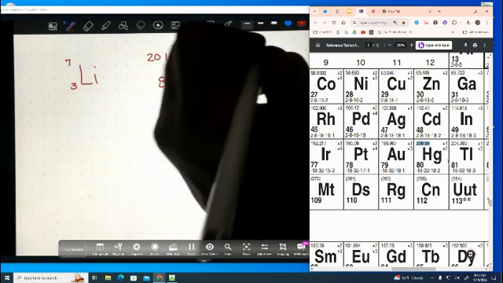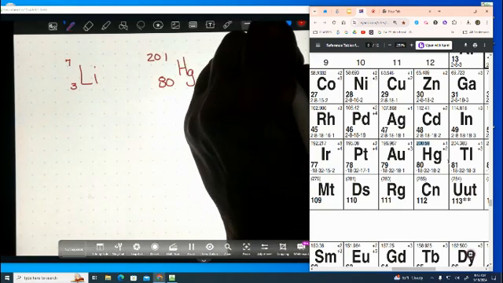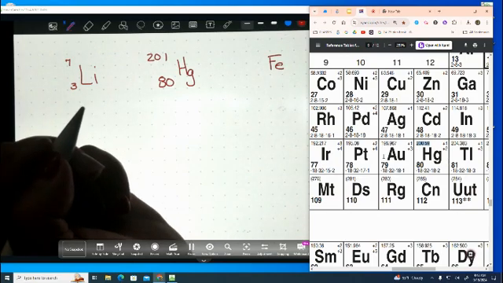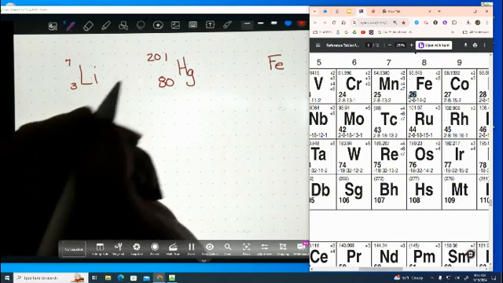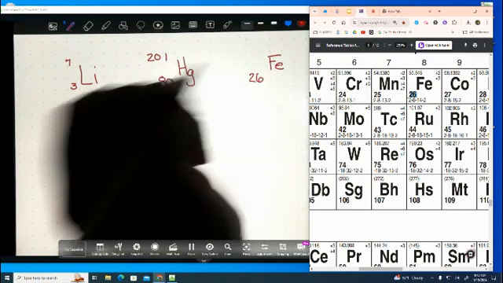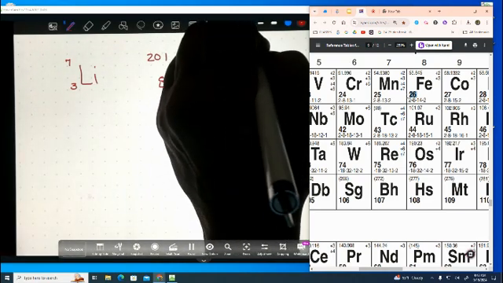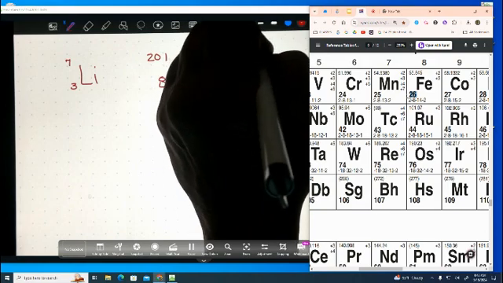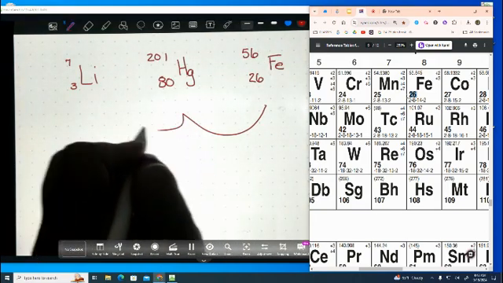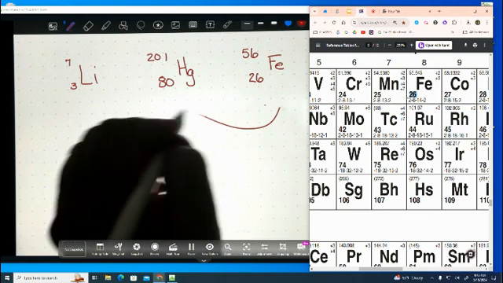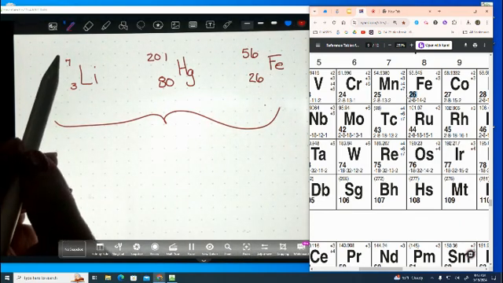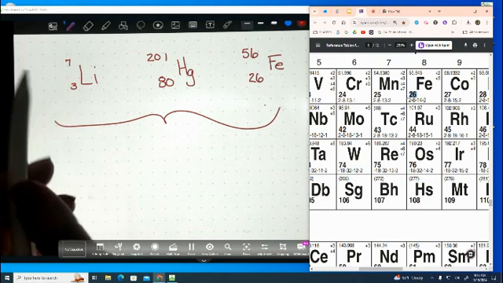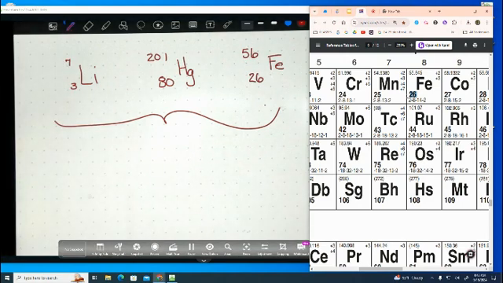Iron? All right, iron, symbol Fe. We take a trip over to iron. It gets 26 protons. And we'll give it a mass number of 56. This is called atomic notation. So you have your mass up here, atomic number down here, all good in the hood, right? All right, let me stop the tape.